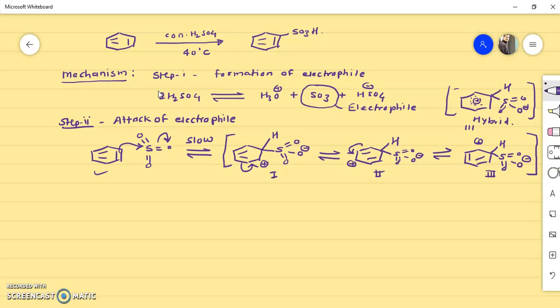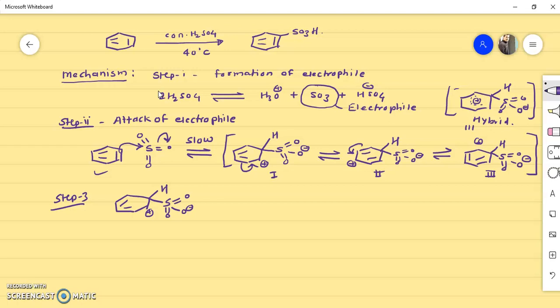And the third step will be now just, you can take any one of these three resonating structures. Say for example, I will take this first one. Okay, these two bonds as it is. This is a proton and this is S double bond O, single bond O with negative charge. Now here is a positive charge, you know.